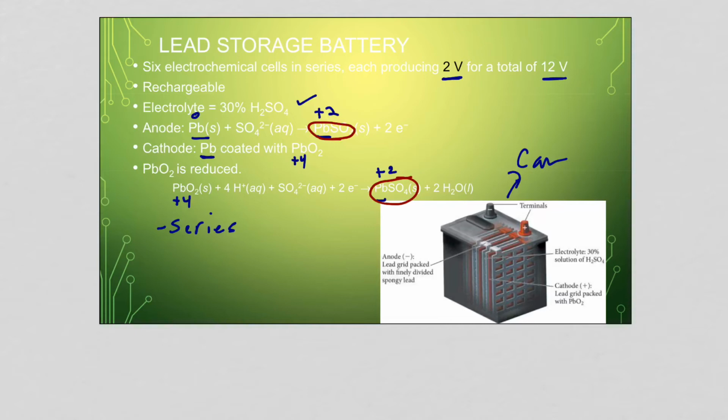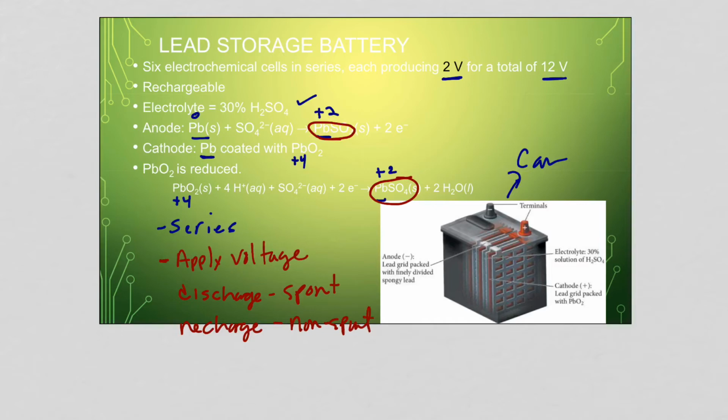So when you recharge a battery, you have to apply a voltage. If the discharge is spontaneous, of course the recharge would be non-spontaneous.